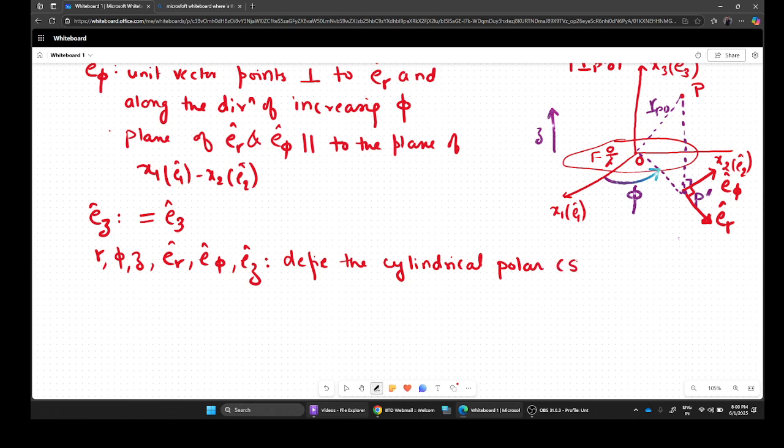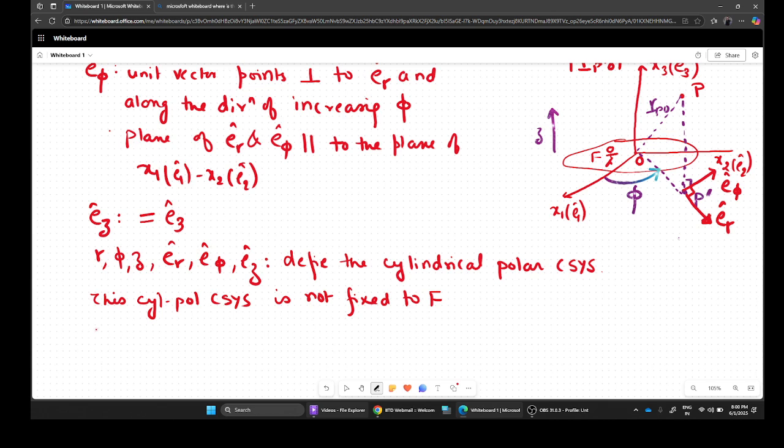Now note that this cylindrical polar coordinate system is not a frame-fixed coordinate system. It is not fixed to F. Why is it not fixed to F?